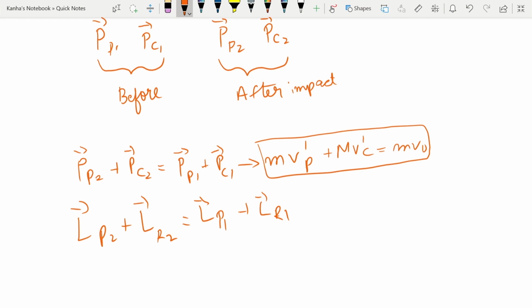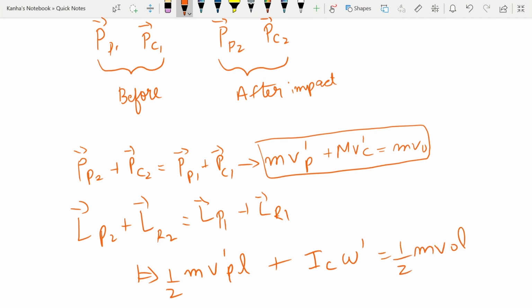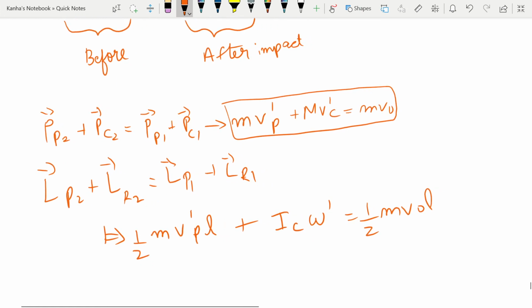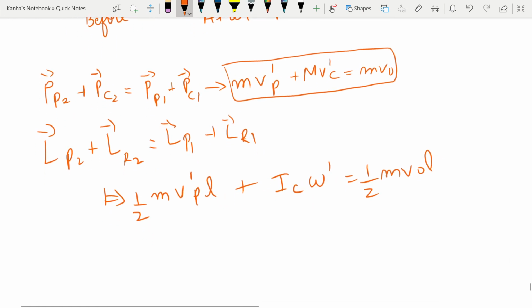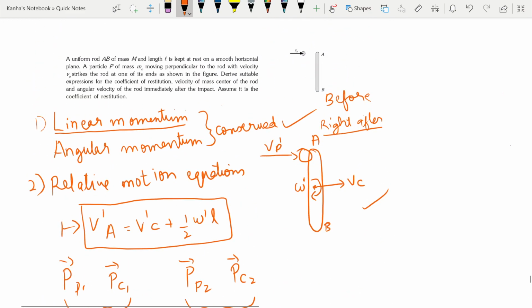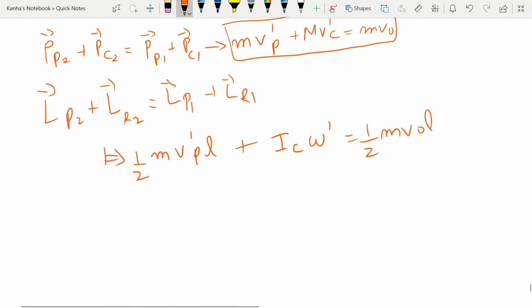Okay, so with respect to this, what do we have? We can write this equation as half m v prime p into L plus I C into omega prime is equal to half m v naught into L. Now I can easily substitute I C is equal to 1 by 12 m L square, because we are taking this around the center.